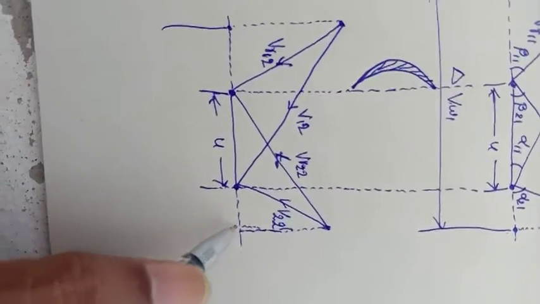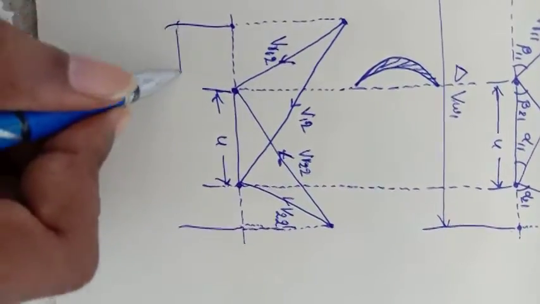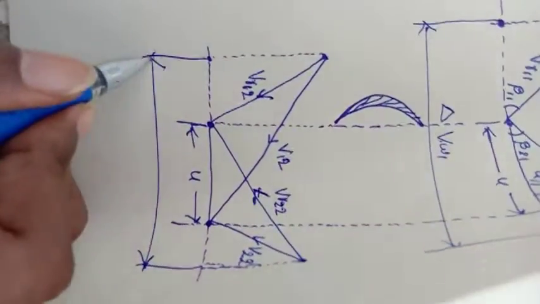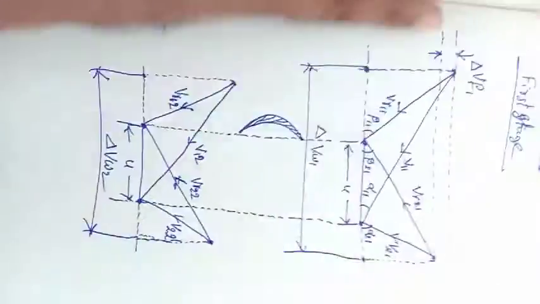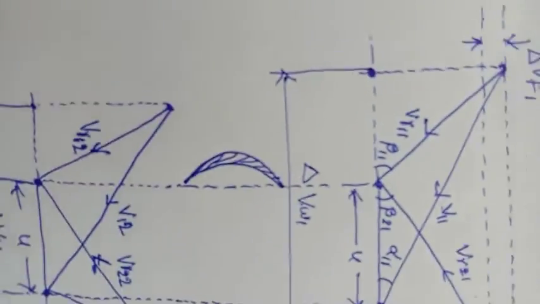Then from here to here represents the change in real velocity 2.